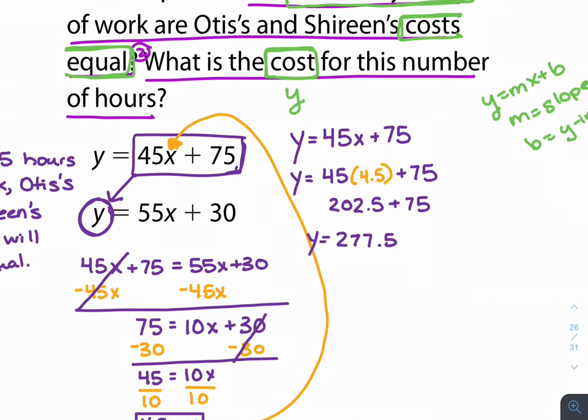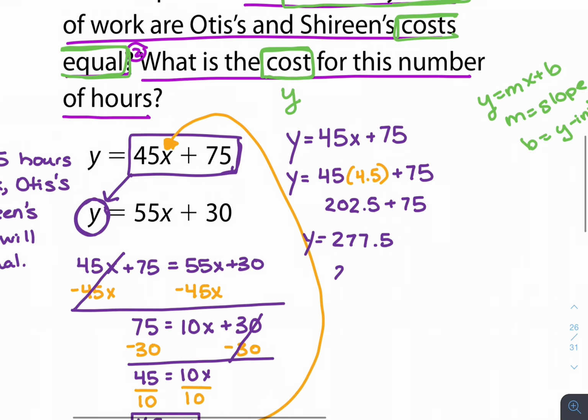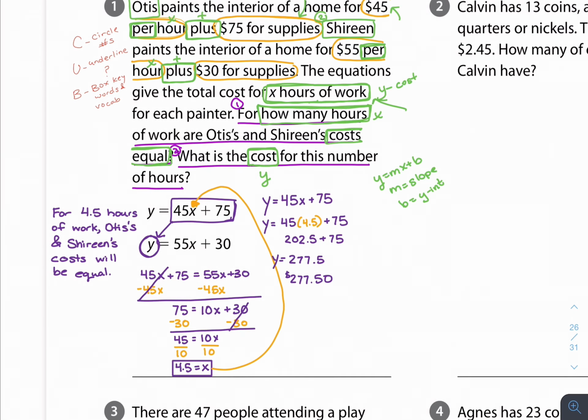Now, what we're going to want to do here is put it as money since y is equal to cost. So because y is cost, we don't want to say 277.5. We want to say $277.50. So now let's answer that question.